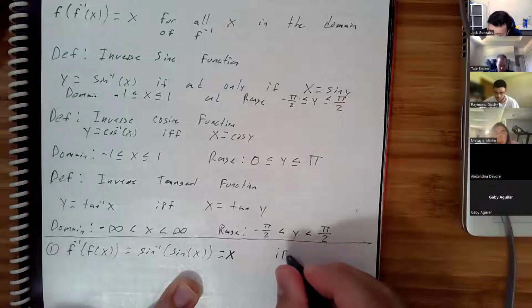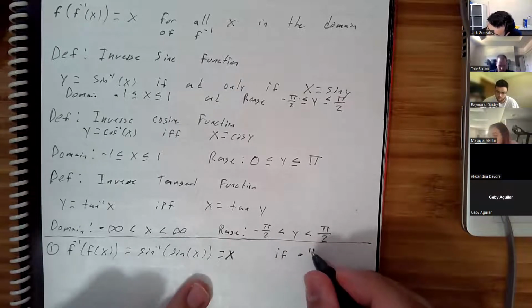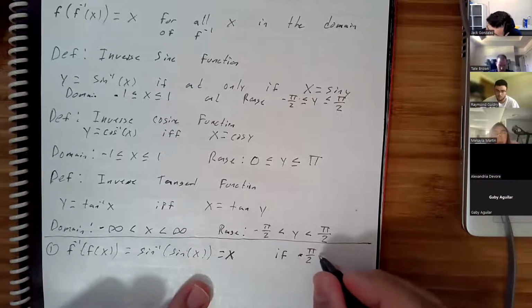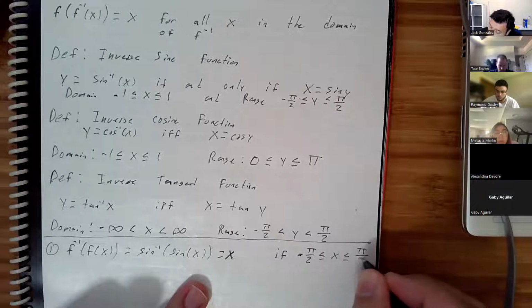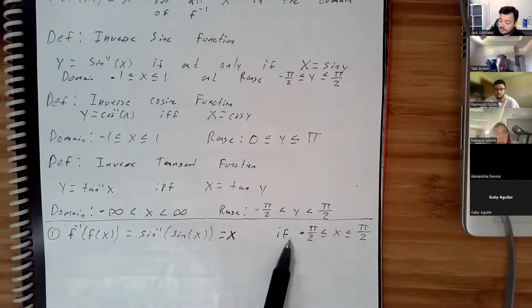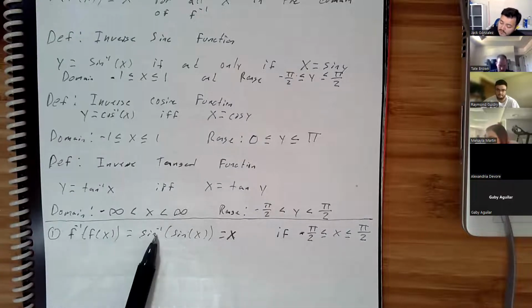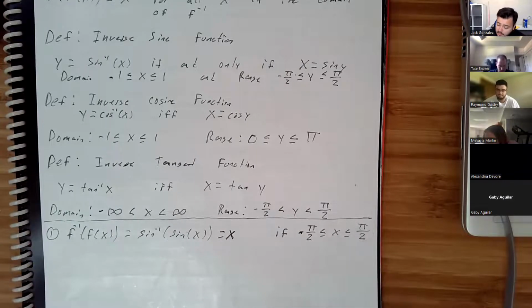This will only cancel if the argument, this angle, is between -pi/2 and pi/2. If you have something different, you either have to adjust or there will be no solution. So if sine inverse is on the outside, you look at this part. You need an angle within here.